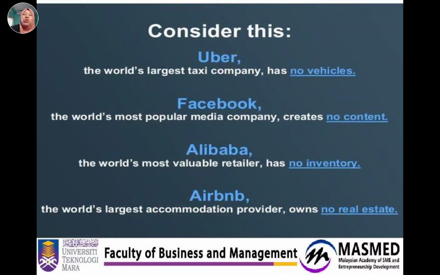Facebook is also the world's most popular media company, but they don't have their own content. Alibaba is the most valuable retailer, but they don't have any inventory. Airbnb is the largest accommodation provider, but they don't have any real estate.